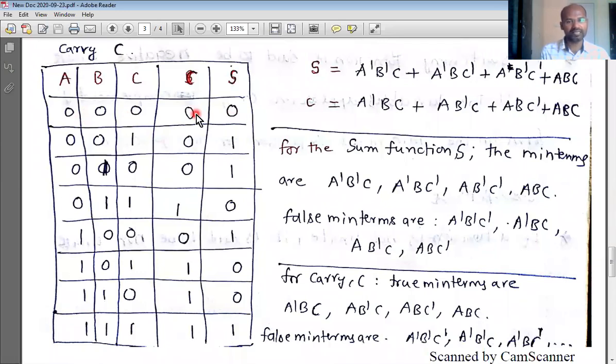What is the carry? 0. If 0, 0, 1, sum is 1, carry 0. 0, 1, 0, sum 1, carry 0. We already talked about this in binary addition. 0, 1, 1, sum 0, carry 1. 1, 0, 0, sum 1, carry 0, like this. For A, B, C all 1, we have sum 1, carry 1.